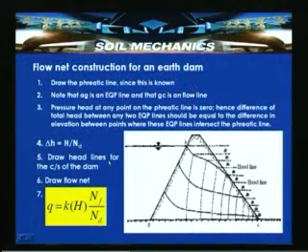So, draw the total headlines for the cross section of the dam. These are the headlines, as they are called, from the cross section of the dam, and draw the flow net, and then the seepage is determined as Q equal to K into H, which is the head driving the flow, times NF by ND, where NF is the number of flow channels.